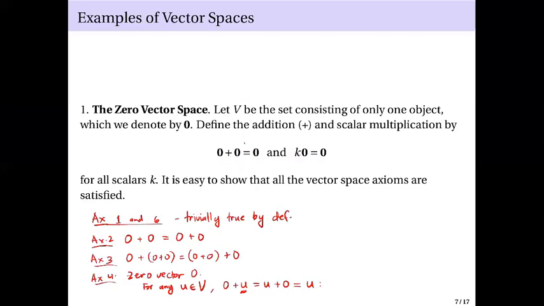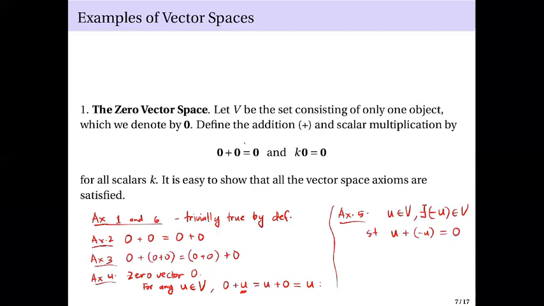So axiom 4 is also satisfied. Axiom 5. For any object u in V, you must have a negative u. So there exists a negative u in V such that u plus negative of u is equal to 0.